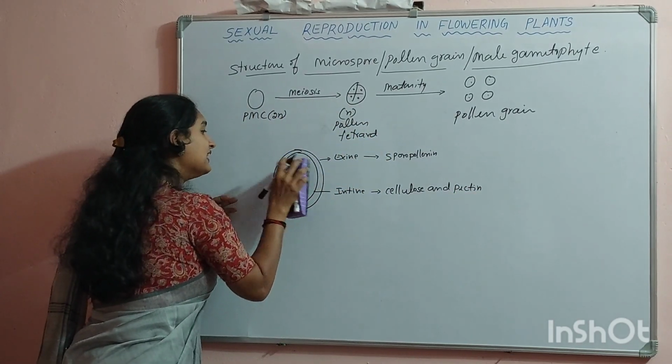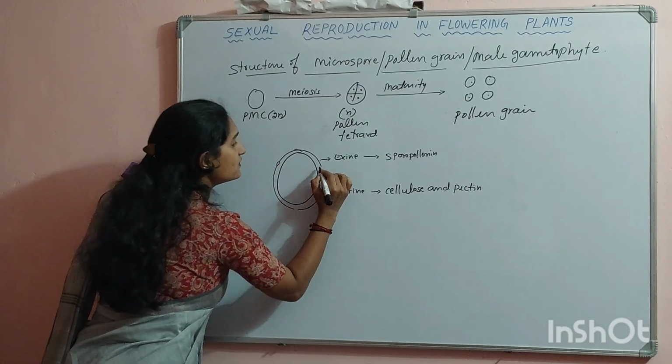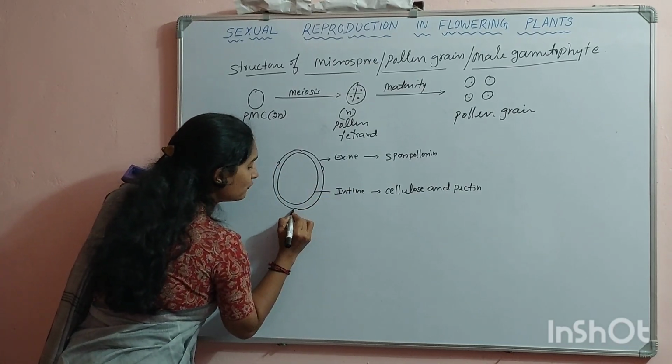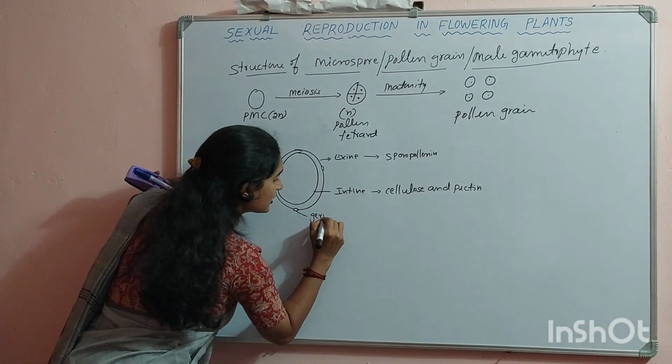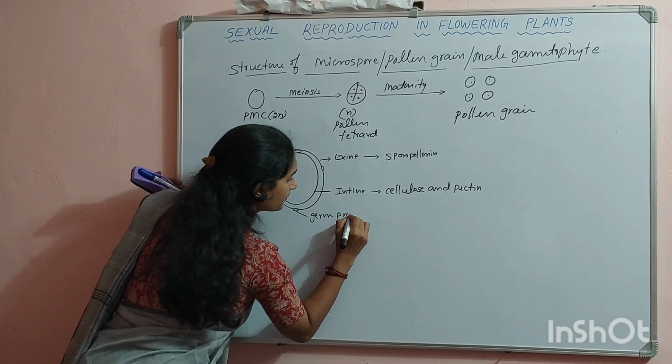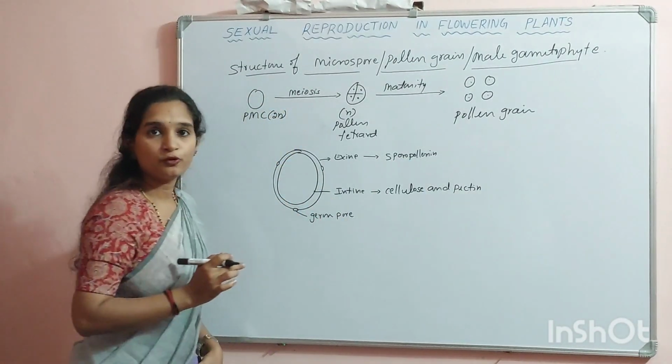Here and there, the exine has small openings or apertures present on the exine wall of the pollen grains, and these are called germpores. Exine is made up of sporopollenin.